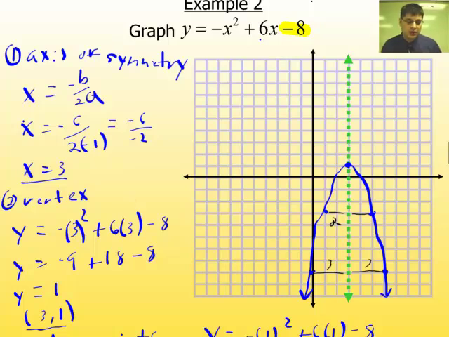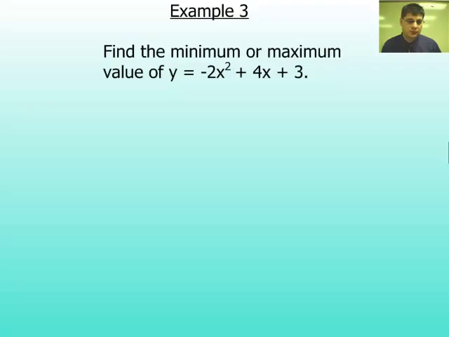Okay, so let's look at one more thing. Let's say we want to find the minimum or maximum value of y equals negative 2x squared plus 4x plus 3. But we want to do it without having to graph it by hand. So there are a couple of ways of doing it.